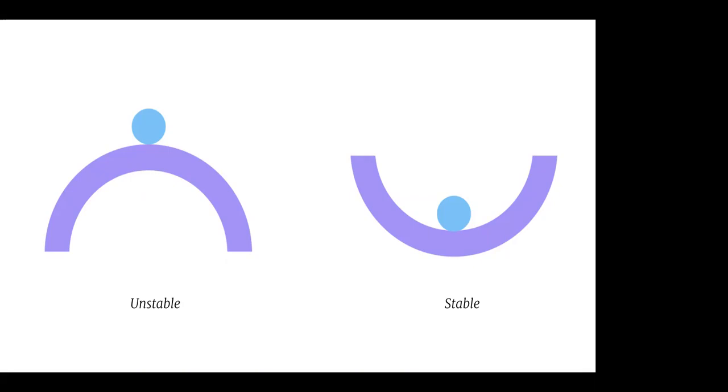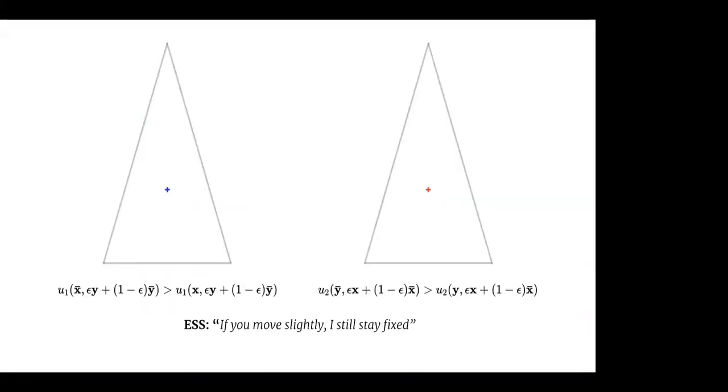Okay, so stability. Evolutionary game theory allows us to capture some notion of stability. And I'm not going to go over exactly how this works here, but I would invite you at some point to have a look at these definitions and become comfortable with what they're saying.